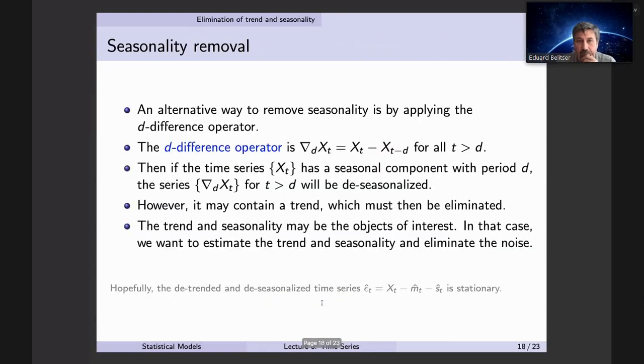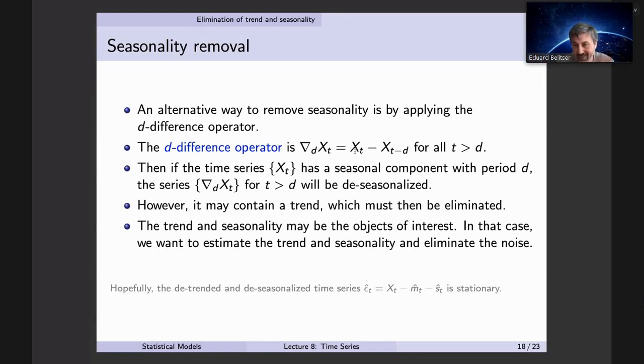All right. Instead, if you are not interested in the component itself, you can remove it. How would you remove it? It's very simple in this case. You simply apply the difference operator. If you take x_t minus x_{t-d}, then the seasonal component will disappear because it repeats itself, it's the same after period d.